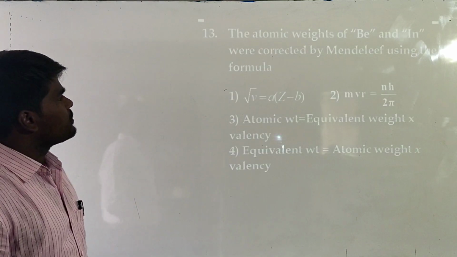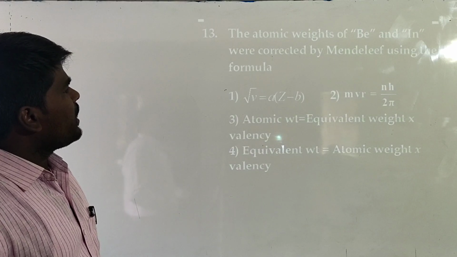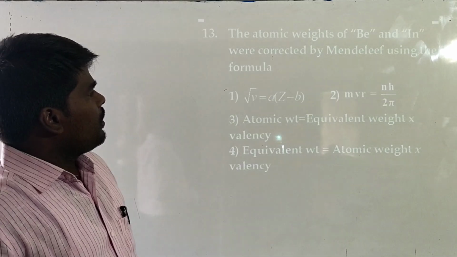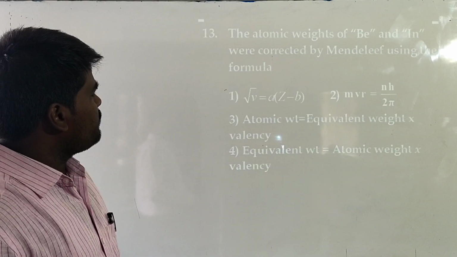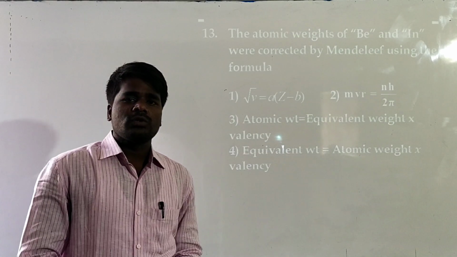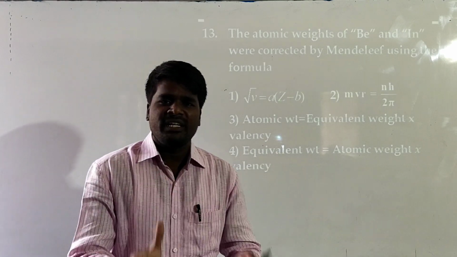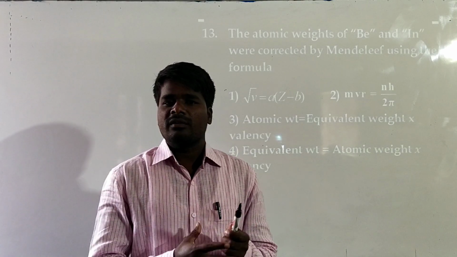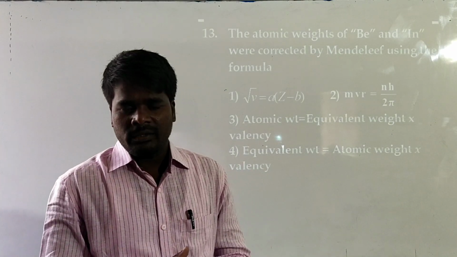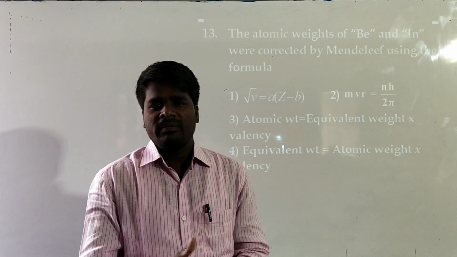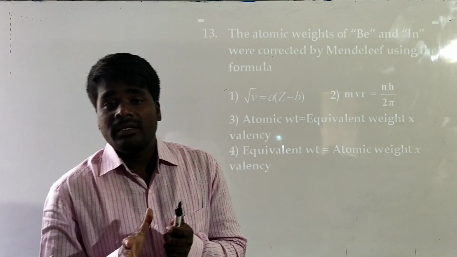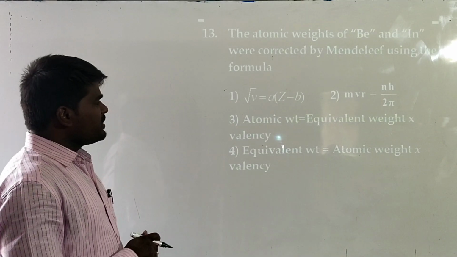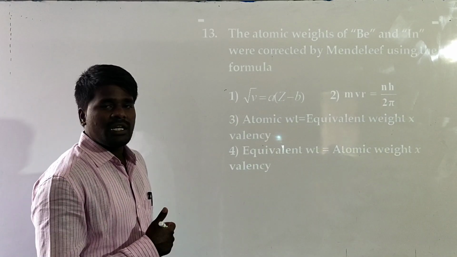Here comes our next question. What is the next question? The atomic weights of beryllium and indium were corrected by Mendeleev using the formula. This is also one of the merits of Mendeleev's periodic table, right? Along with leaving spaces for the discovery of new elements, he also corrected the atomic weights of certain elements by using their corrected valences. And what is the formula for the correction of atomic weights?